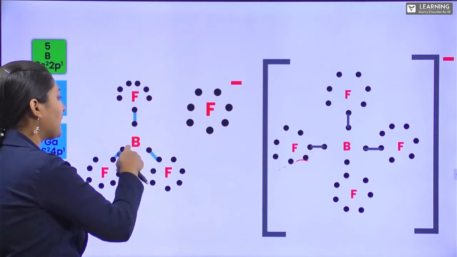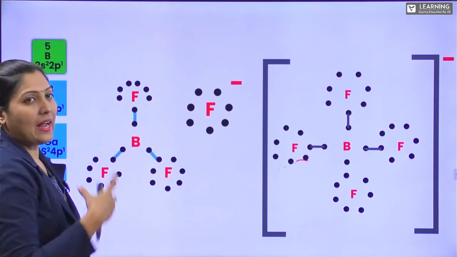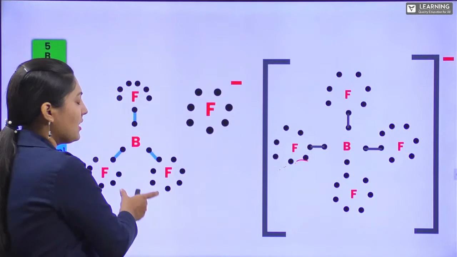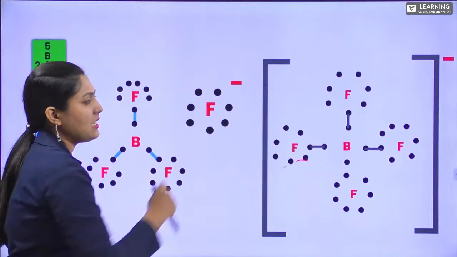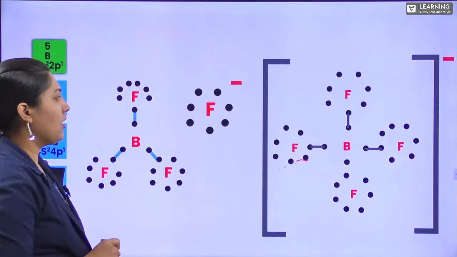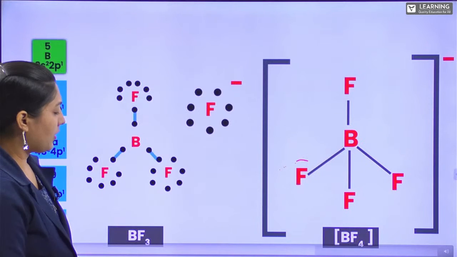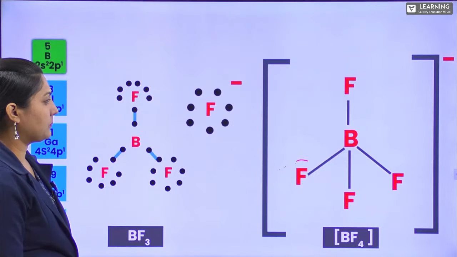That will be attracted towards boron. So boron can attract that fluoride and form the tetrahedral structure. This is trigonal, sp2 hybridization, whereas that is sp3 hybridization of the complex. This is BF3, that is BF4, which has been formed.